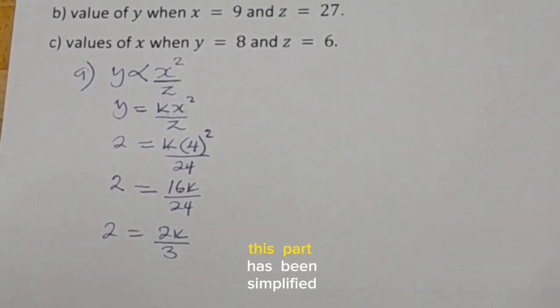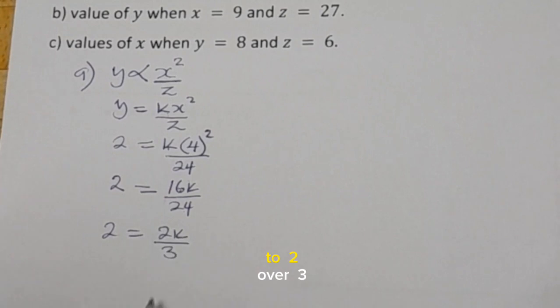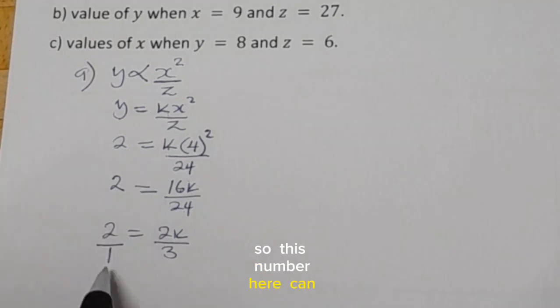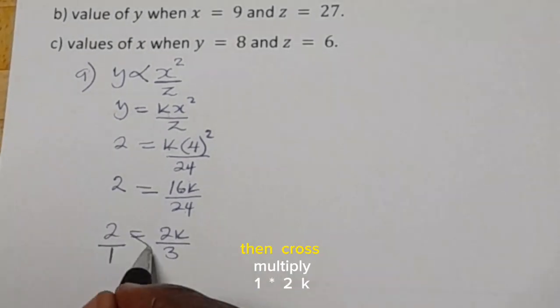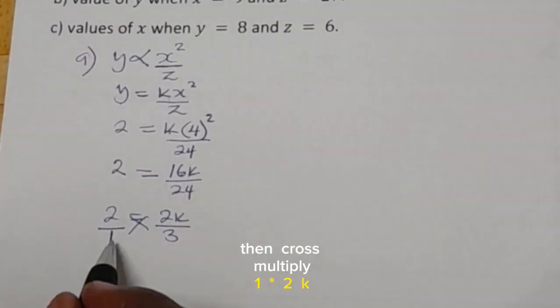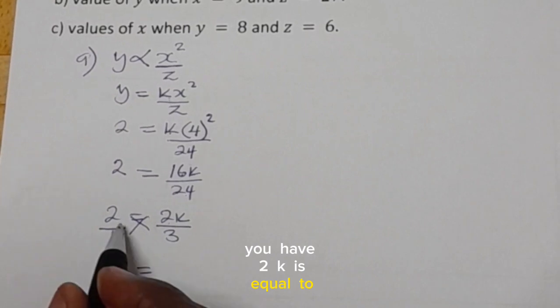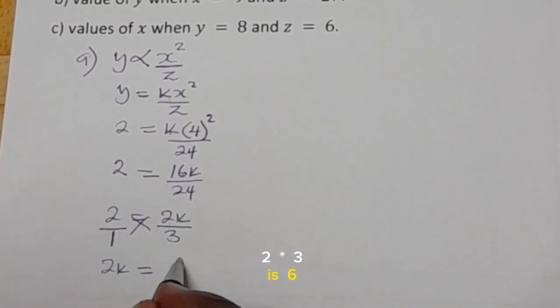So this has been simplified to 2k over 3. When you reach this stage, you can cross multiply. This number can be written as a fraction like this, then cross multiply: 1 times 3k... 1 times 2k, you have 2k is equal to 2 times 3 is 6.